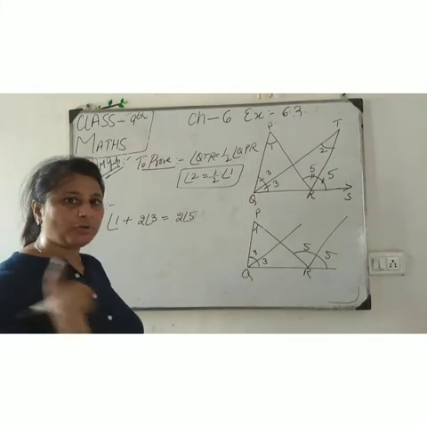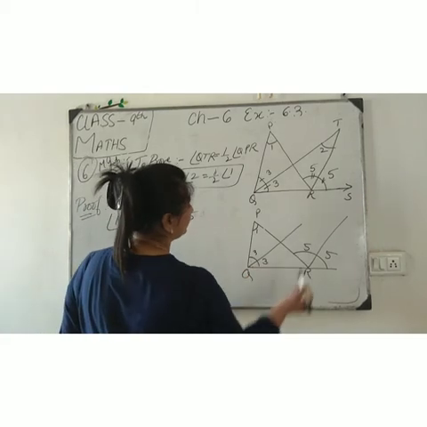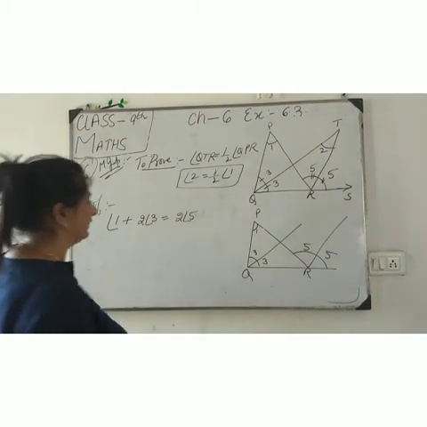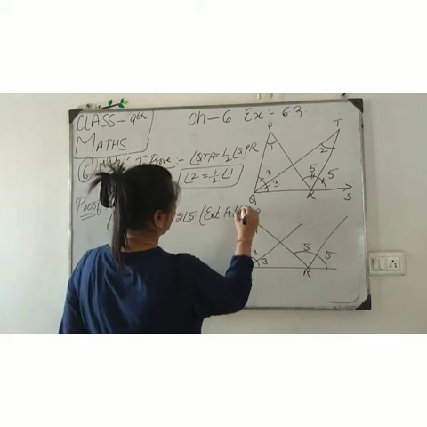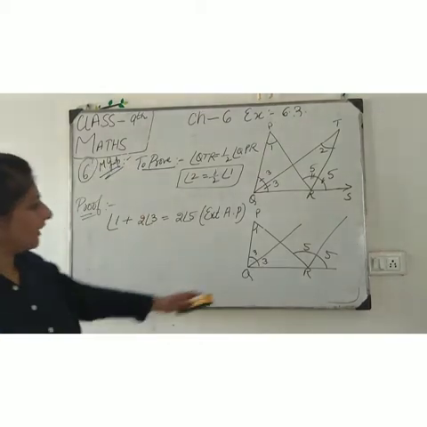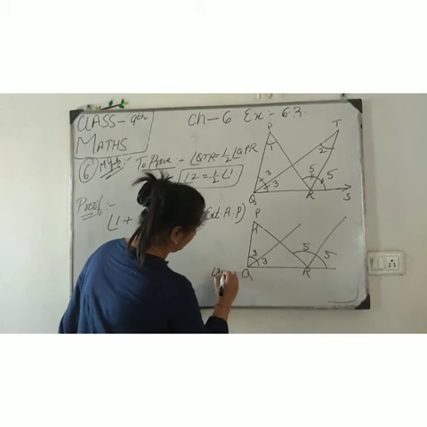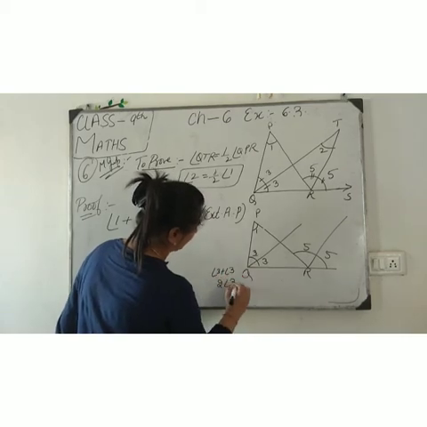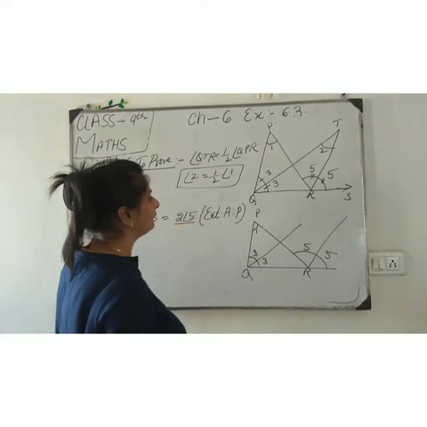And according to the property of exterior angle, the two interior angles are always equal to the exterior angle. So what do you write here? Exterior angle property. Clear? Why do I write 2 angle 3? Because angle 3 plus angle 3 equal to 2 angle 3. Similarly, I write 2 angle 5.